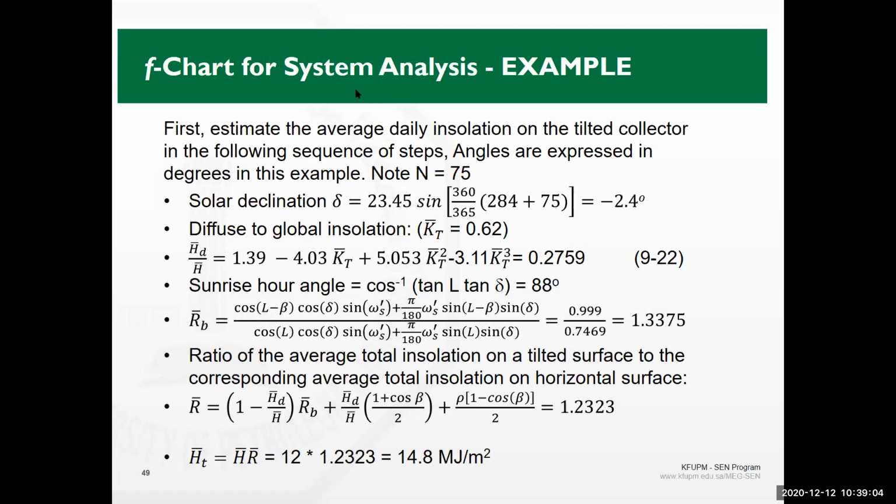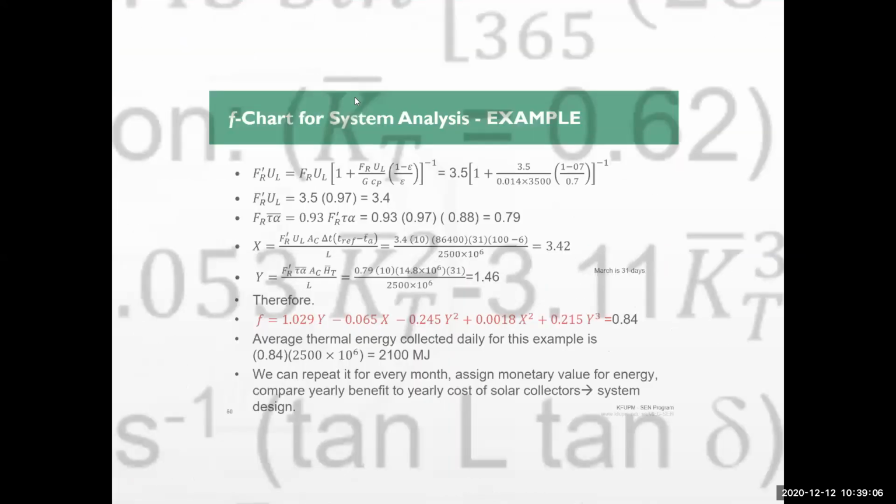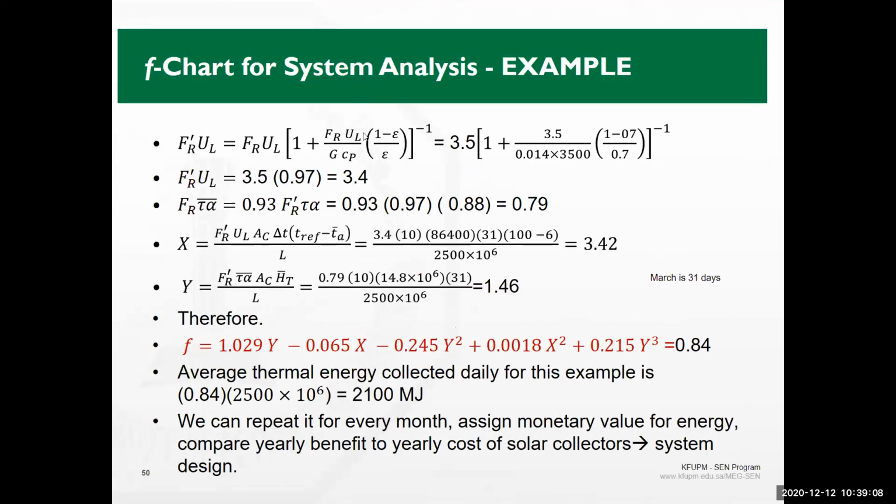Now, having calculated the value of HT, the next is going to be going through that F chart steps that we have taken earlier. So the FRUL, which is the loss coefficient, is being given here, and the effectiveness of the heat exchanger has been given as 0.7, as you can see here.